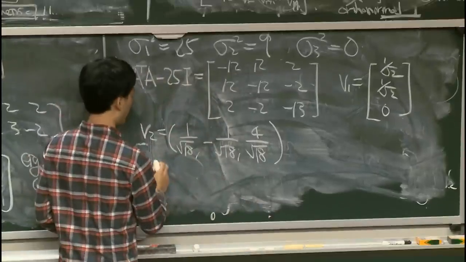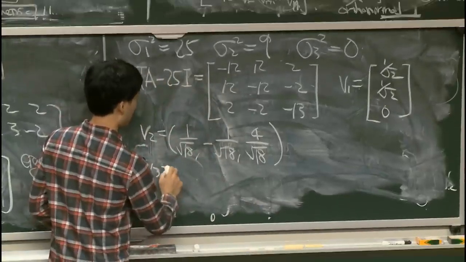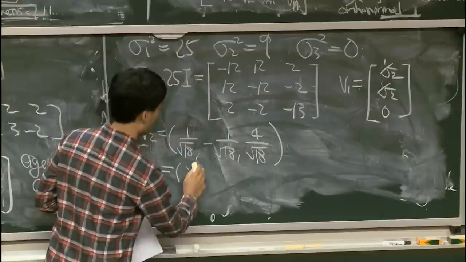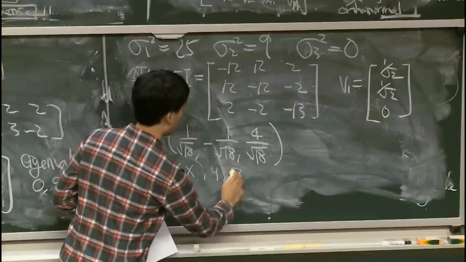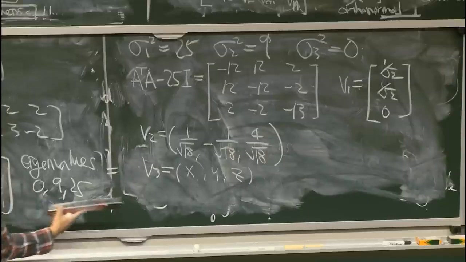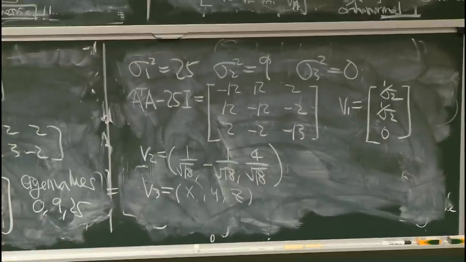Now then find v3 to be the one that annihilates this, but I'll just say it's x, y, z. This will not be important. I'll explain why it's not that important.